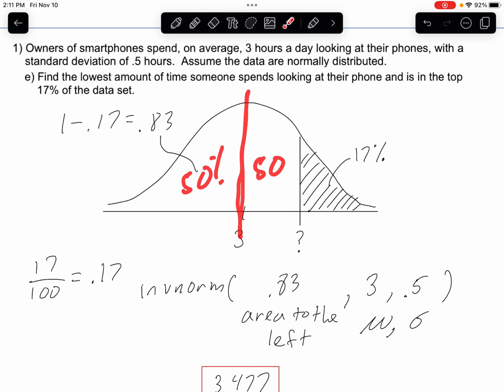And the right-hand side is also 50% of the data. So if this shaded region is supposed to be 17%, and it's supposed to go all the way to the right, that means your cutoff has to be somewhere on this side of the average.